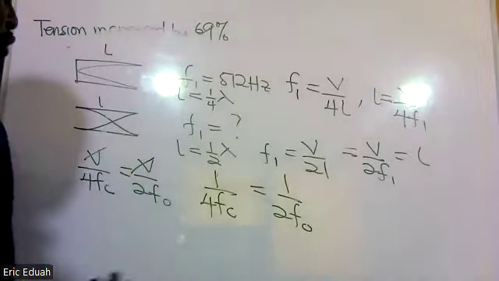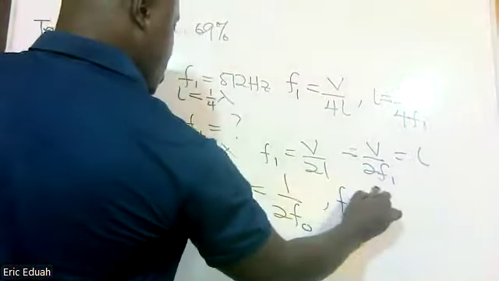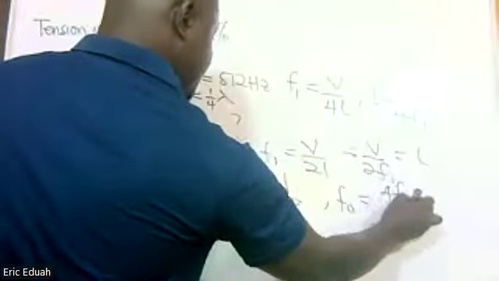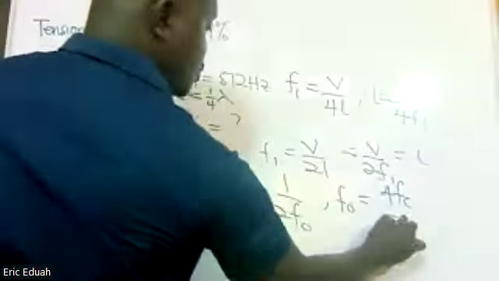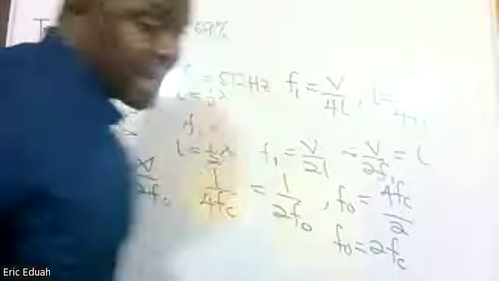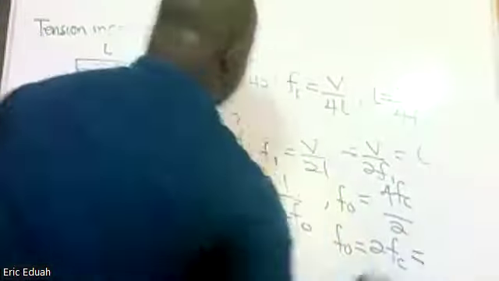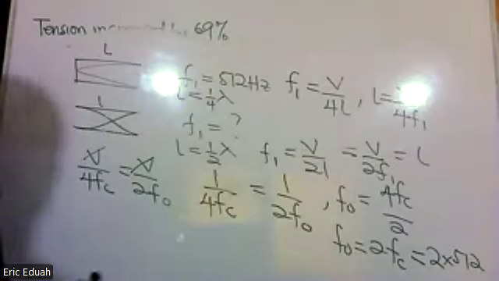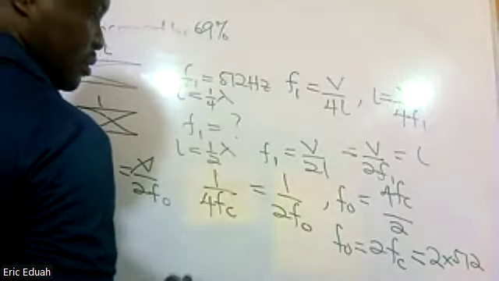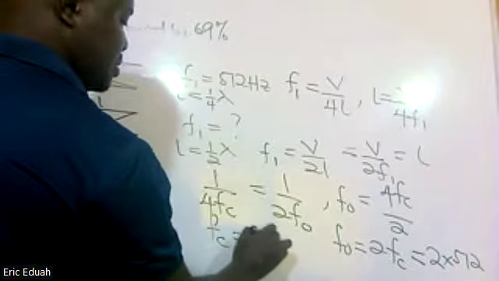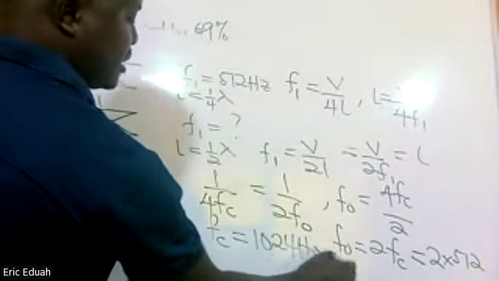When we make FO the subject, FO will be equal to 4FC divided by 2, which is equal to 2FC. And FC, we were told, is 512. So 2 times 512 gives us 1,024. So F when open is 1,024 hertz.